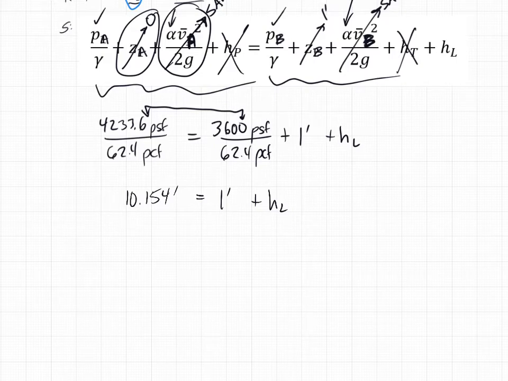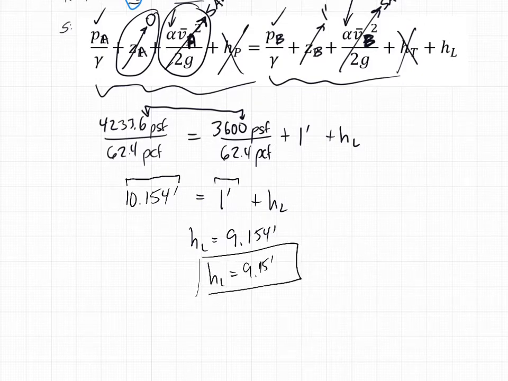It looks like the difference in the pressure heads was 10.2 feet and the difference in the elevation was 1 foot. So basically, the head loss in this case turns out to be a positive 9.154 feet, or the head loss equals 9.15 feet.